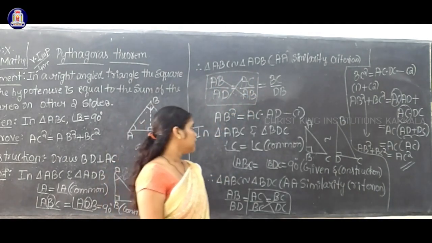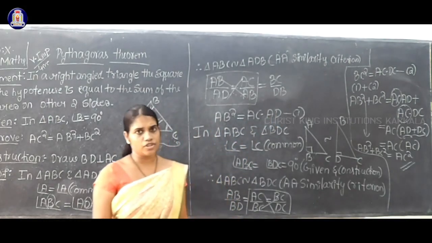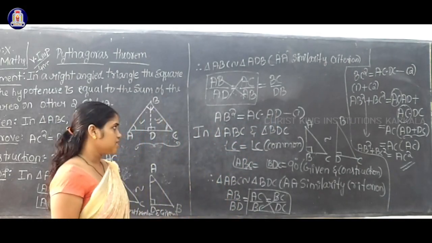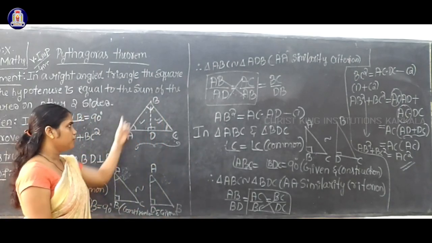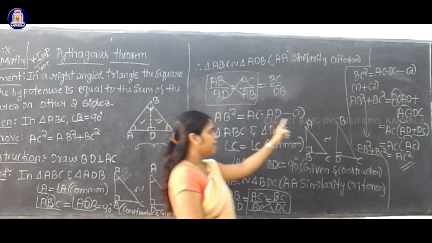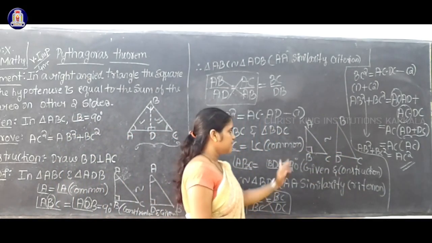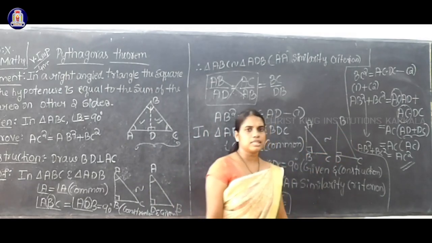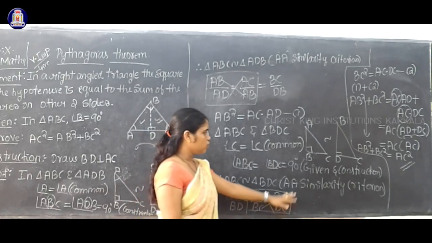After that, you will get AB square equal to AC into AD. Consider it as equation number 1. Okay. Next, the same process I will repeat for the remaining two parts, that is the full triangle ABC and the second half part, that is BDC. Right? Okay. So once again I am going to prove these two triangles are similar by the same process. Okay. So I will get equation number 2.